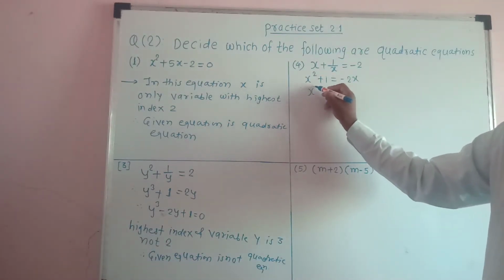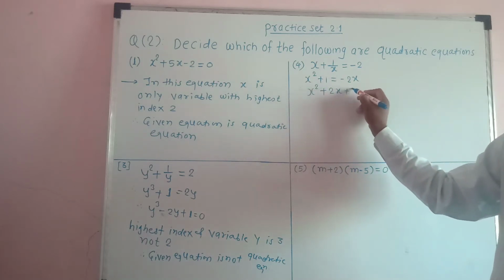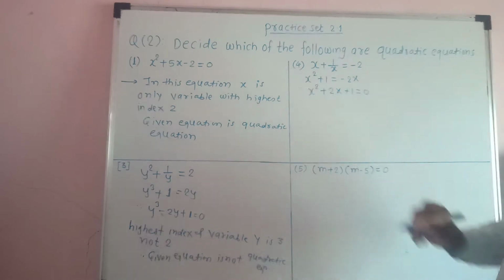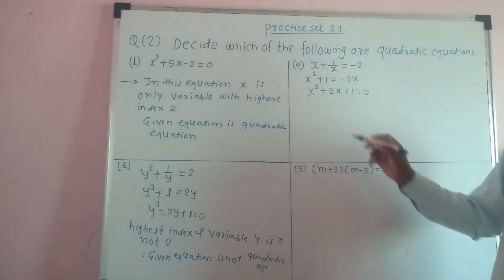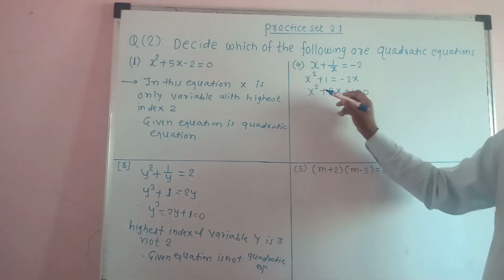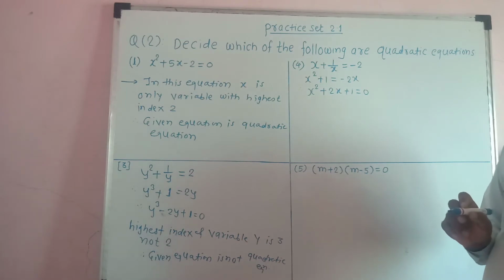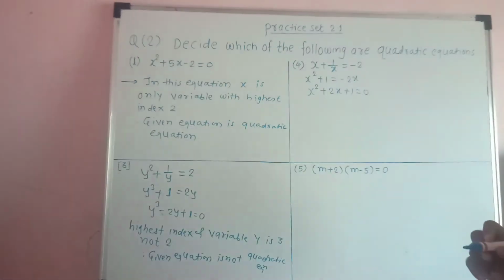Therefore, x square plus 2x plus 1 is equal to 0. Now see this equation. The equation contains only one variable x and the highest index of x is 2. Therefore, this is a quadratic equation.